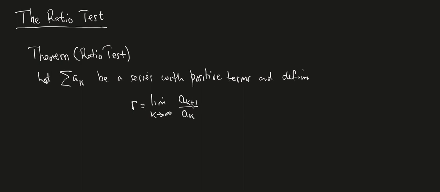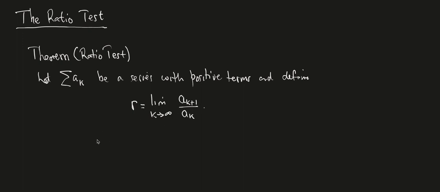The reason it's called a ratio test is that we take a limit of this ratio. Basically, it says take your general next term and divide it by your general previous term, then take the limit of that, and we're going to call that limit R. Based on the value of R, we may or may not be able to make a conclusion.